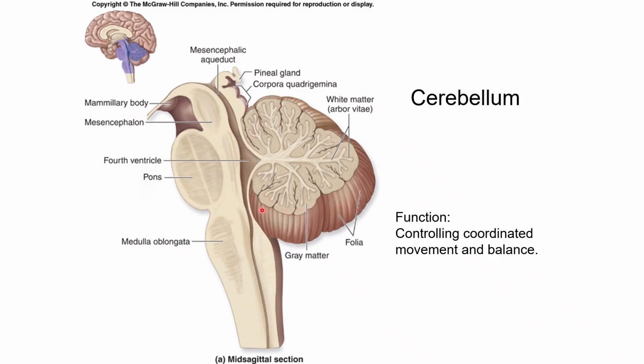There is a very high density of neurons in this area. In fact, some estimates say that the cerebellum includes more neurons than the rest of the brain combined, even though it occupies only about 10% of the volume of the brain. So this is an important area with lots of neurons involved in movement and coordinated actions.